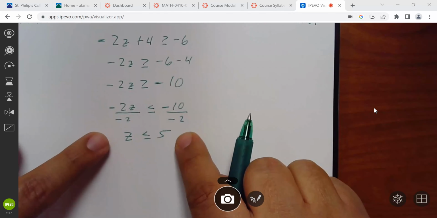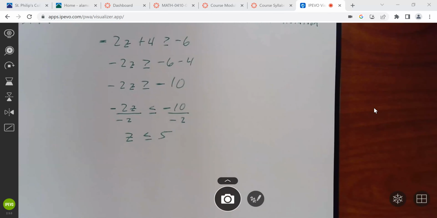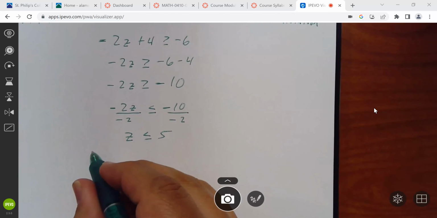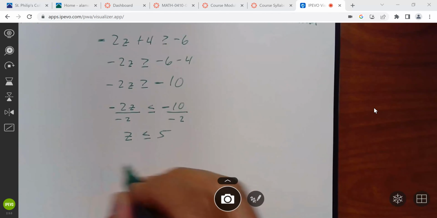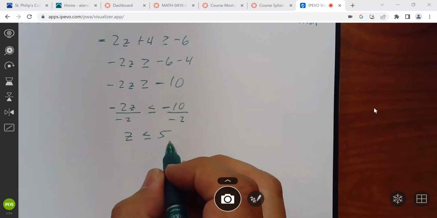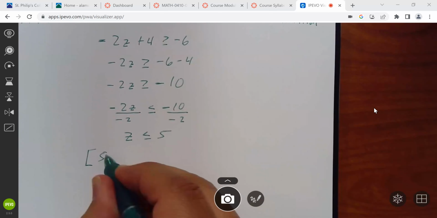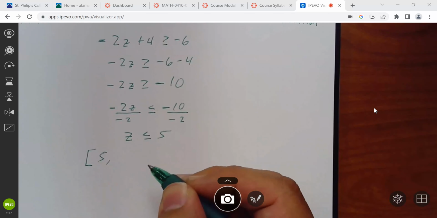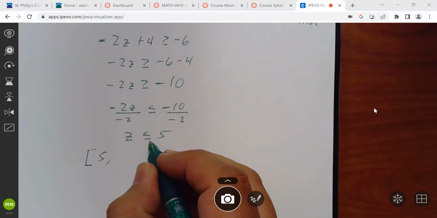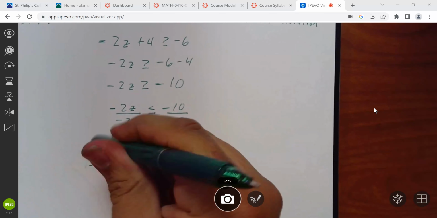The thing with the brackets and parentheses. We put a bracket or parentheses on the 5. A bracket, so we're going to put a bracket. 5, and then, oh wait, which way am I going?